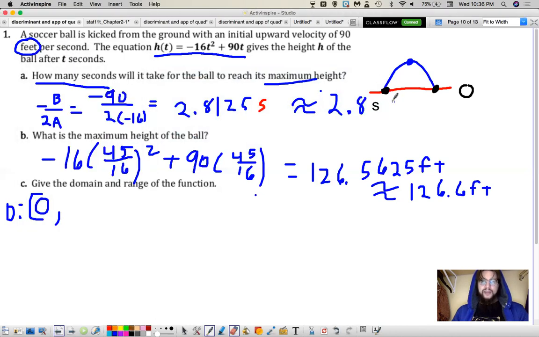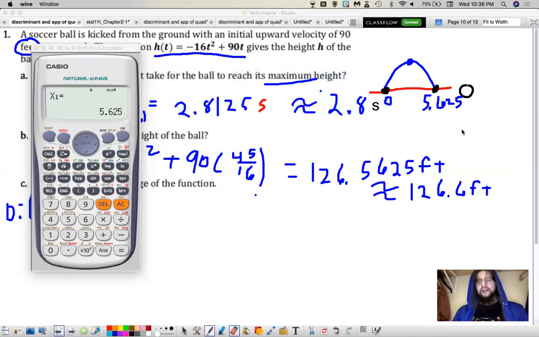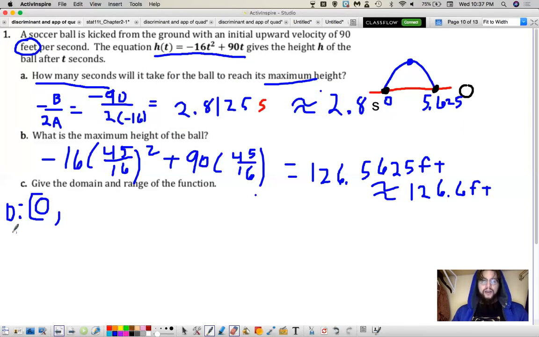Well, this is 0 right here. It starts on the ground, and this is 5.625. Yeah, right there. So my domain is from 0, where it's starting, to 5.625. It does include those values, so I'm using brackets.